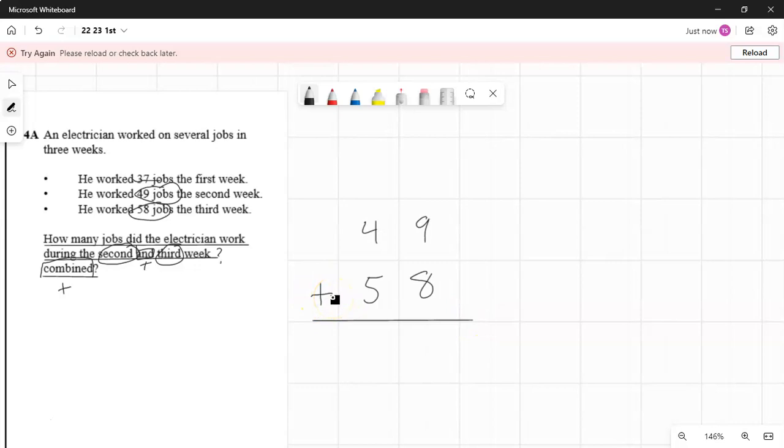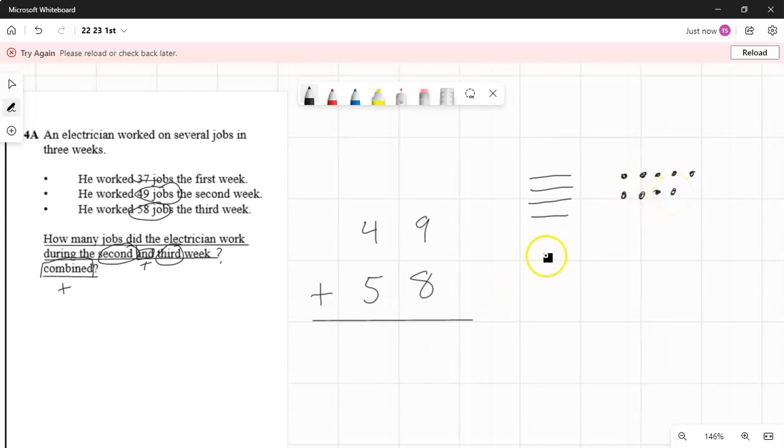Okay, and I'm going to draw a pictorial model or draw base 10 blocks to solve this, and this is what it'll look like. I would model the 49, that's 10, 20, 30, 40, and 9 would be 1, 2, 3, 4, 5, 6, 7, 8, and 9.